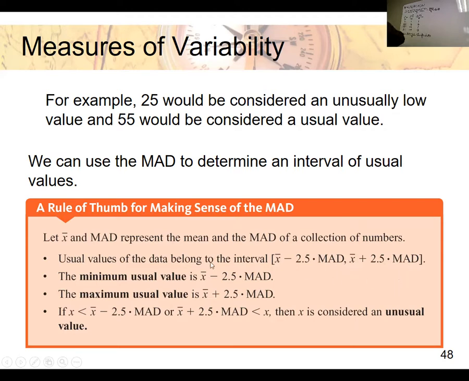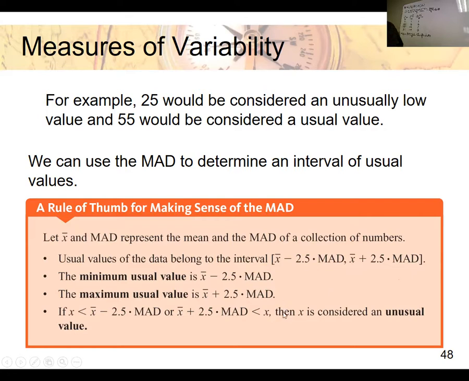The minimum usual value is X bar minus 2.5 times the mean absolute deviation. The maximum is X bar plus 2.5 times the mean absolute deviation.